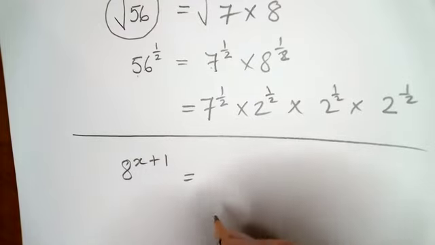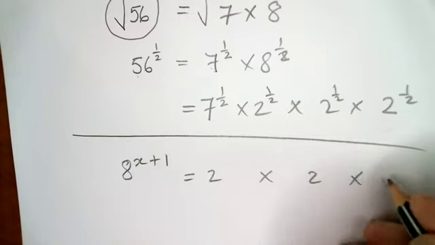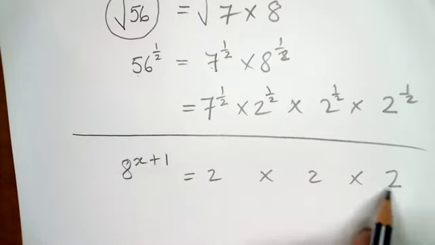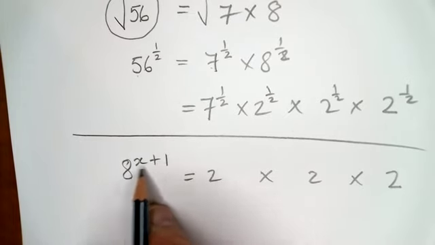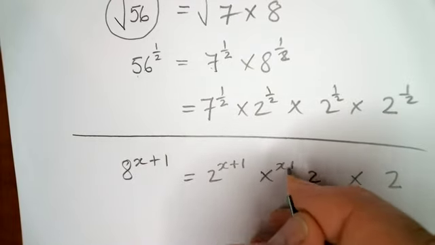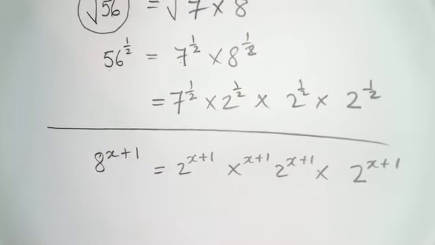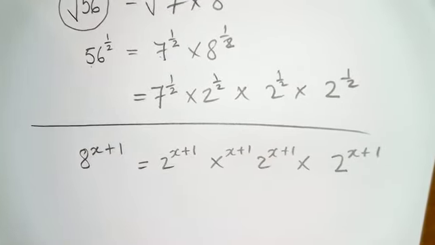Well, this is the same, of course, as saying 2 times 2 times 2, because 2 times 2 times 2 is 8, but we've now got to keep that index the same. It's going to be x plus 1, x plus 1, x plus 1. And of course, now it's still true.